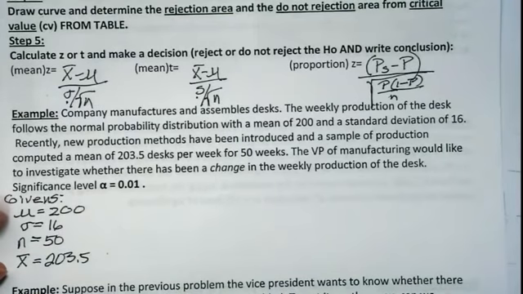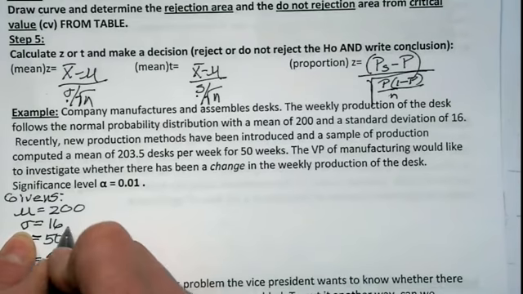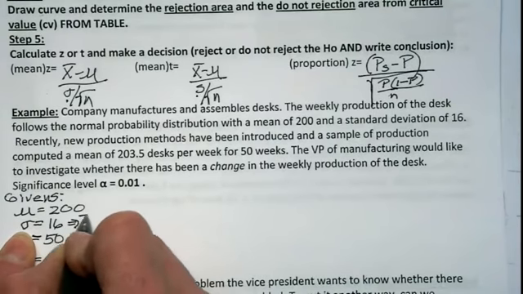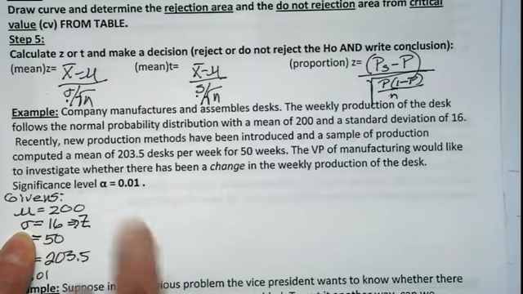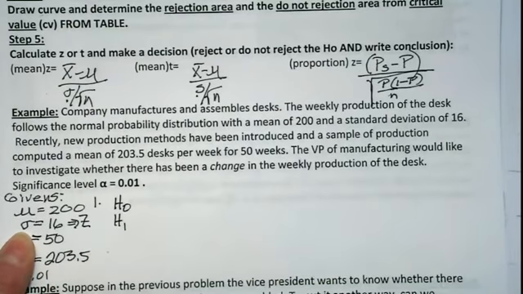I'm trying to decide, are these two statistically different, or are they statistically the same at the 0.01 level? That's my givens. Very important. Because of this population standard deviation, this tells me it's going to be a Z statistic, and I'm going to use that Z formula.